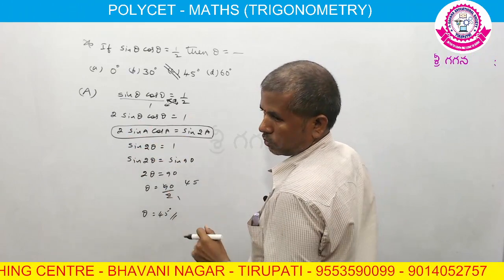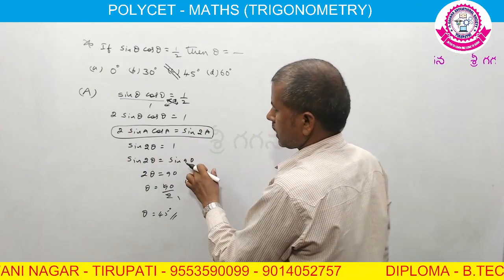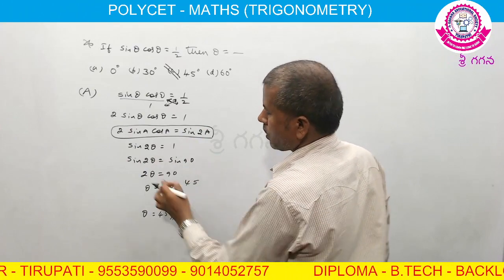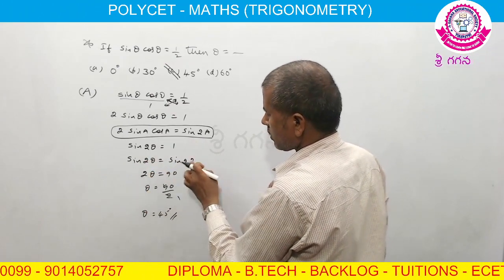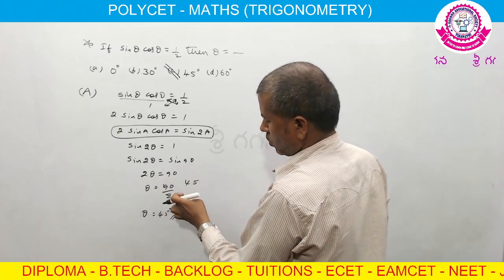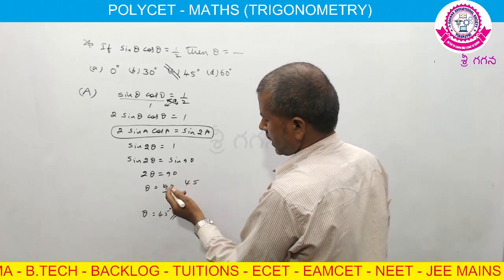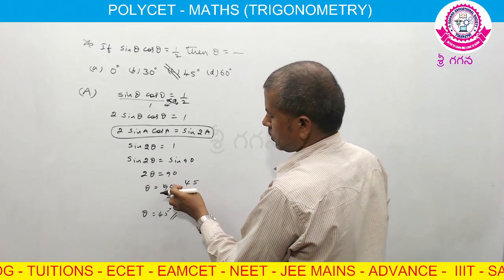Sin 2 theta equals 1, and in the sin table sin 90 equals 1. Removing sin from both sides, 2 theta equals 90, theta equals 90 by 2. 2 ones are 2, 2 fours are 8, remainder 1, 2 fives are 10.